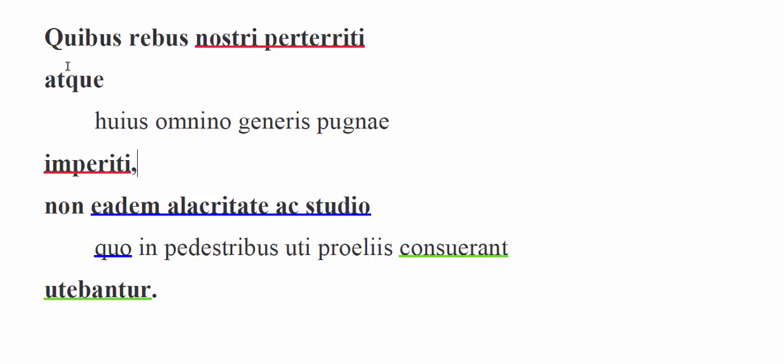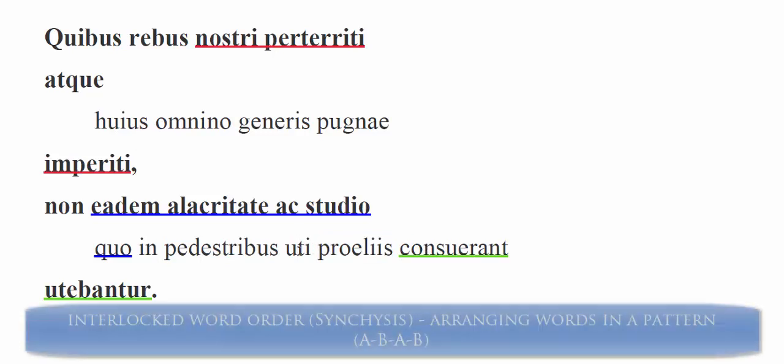As a result, because of this, we can come down here to utebantur if we like, they were not using that same speed and zeal. This is, again, ablative, but it's underlined as the object because utebantur wants an ablative. So they were not using the same speed and zeal which on foot, in infantry battles, they were accustomed to use.